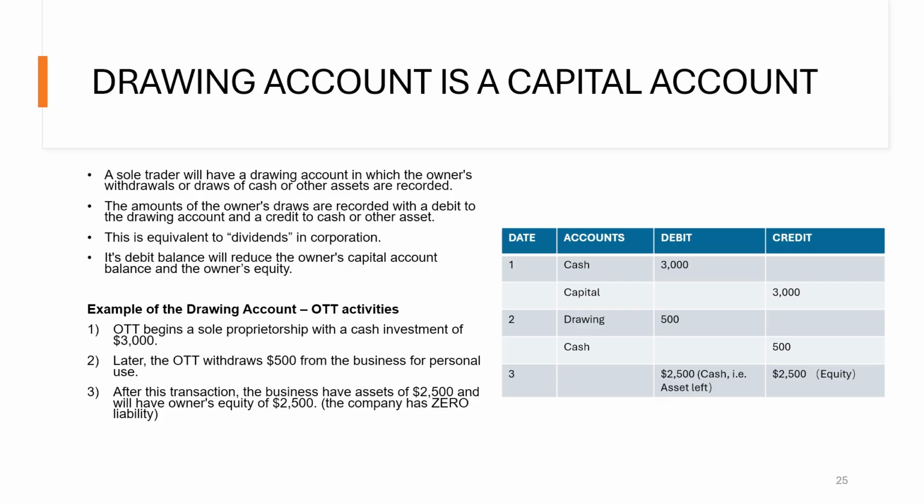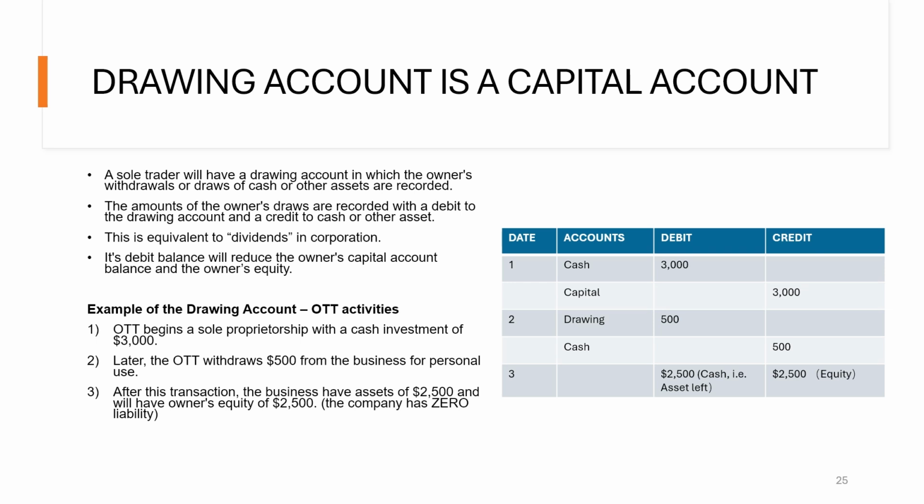There's a question: do you think a drawing account is a capital account? The answer is yes. For example, a sole trader will have a drawing account in which the owner's withdrawals or draws of cash or other assets are recorded. This is different from dividends because drawings tend to be related to sole trader businesses.